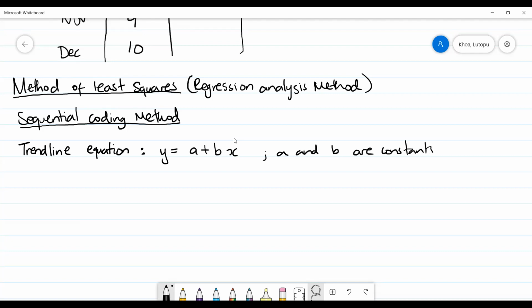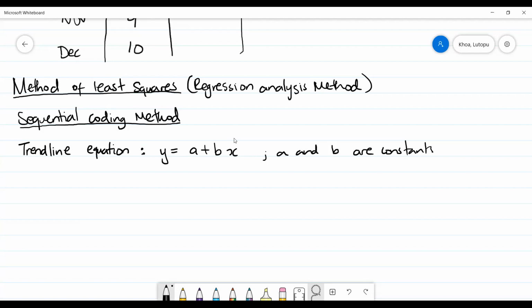The trend line, just like we said, the trend component, tells you whether the data is increasing or decreasing. If we have an equation for the trend line, that will help us extrapolate, maybe 5 or 10 years from now, what we are likely to get as our data value.